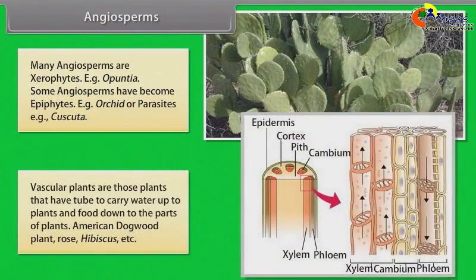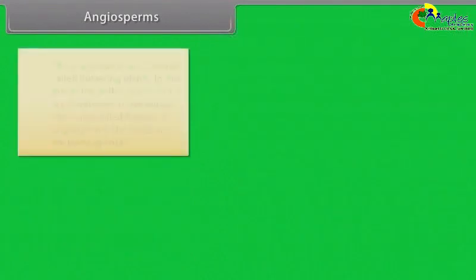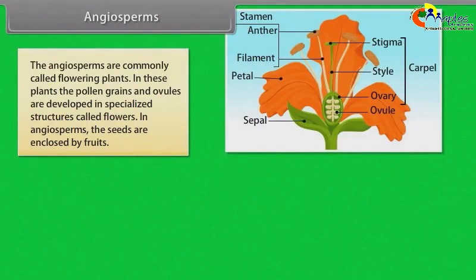Vascular plants are those plants that have tubes to carry water up to the parts of plants and food down to the parts of plants, for example the American dogwood plant, rose, and hibiscus. The angiosperms are commonly called flowering plants. In these plants, the pollen grains and ovules are developed in specialized structures called flowers.